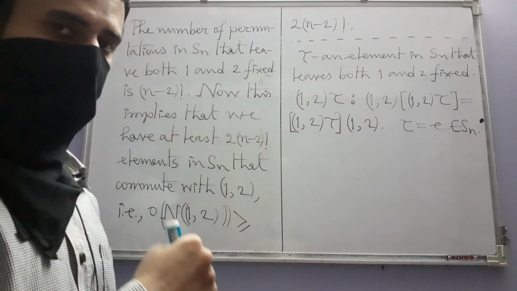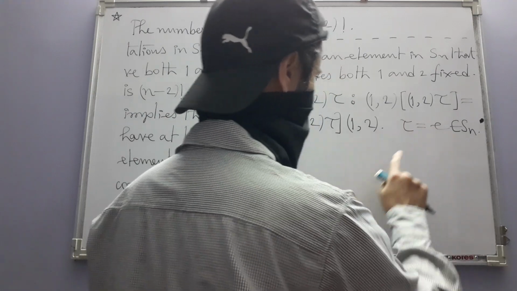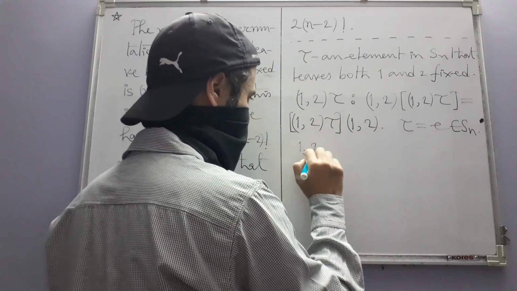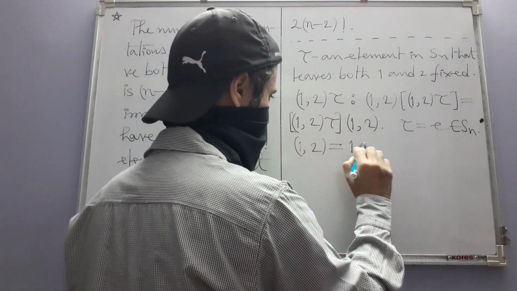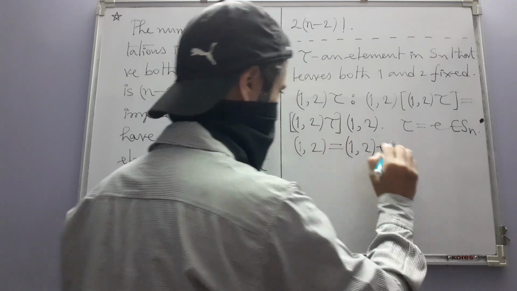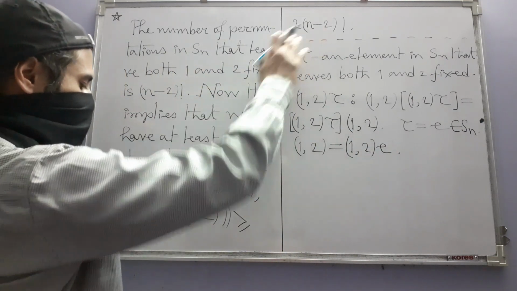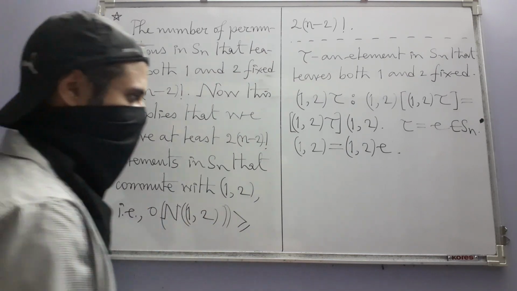In fact, it leaves everything fixed, so in particular, it also leaves 1 and 2 fixed. So for this choice of tau, 1 comma 2 itself appears in this list. So at least this many elements we are getting in the normalizer of 1 comma 2.